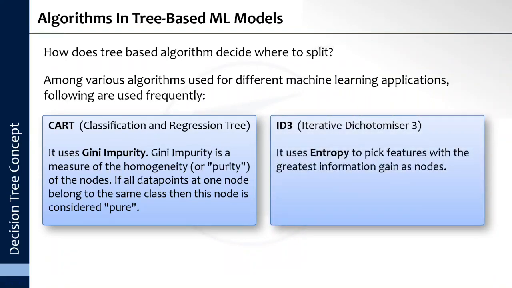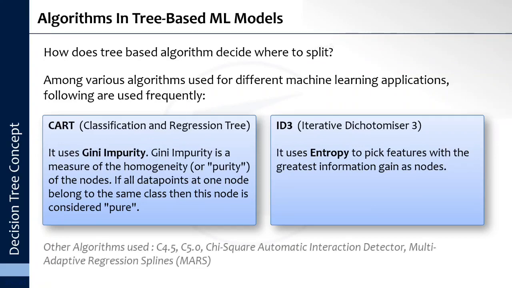In both these methods, the objective is to arrive at a terminal node that guides to more homogeneous or pure results. In CART, we use Gini impurity, and in ID3, we use entropy calculation. We'll see the calculation methods of Gini and entropy.